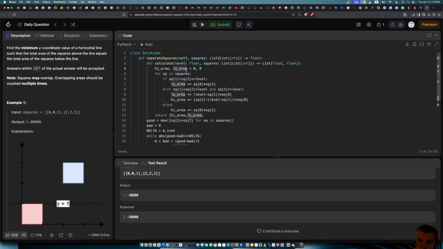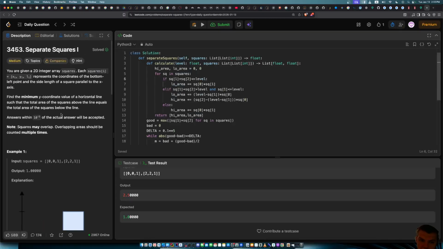So high and low area: if square 1 plus square 2 is less than the low level, then the low area is like this.